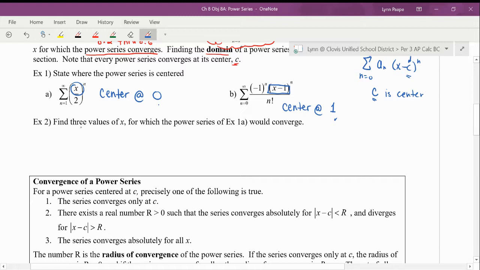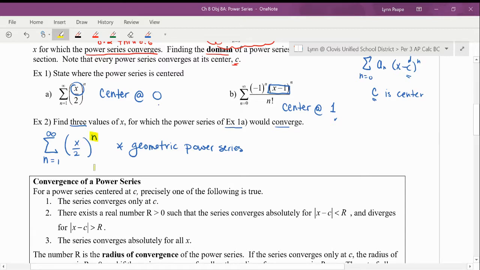For example 2, we want to find 3 values of X for which the power series of example 1a would converge. So this is 1a. I know this is a geometric power series, because n is in my exponent, and that's the only place it is.